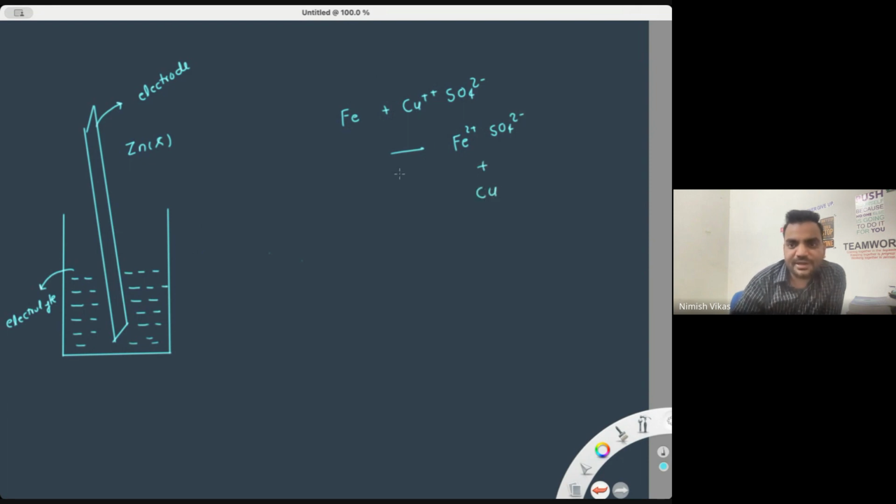Basically, iron has given electrons to the cupric ion, which was +2 and became 0, and iron from 0 has become +2. This electron transfer starts happening depending upon the reactivity of the two elements, and we don't want this kind of conflict here. So that's why we keep the same metal and metal ion. To avoid the conflict, the best thing is to take the same metal salt. There is no other reason, okay? If we can avoid the conflict by taking a different electrolyte, that is also possible.